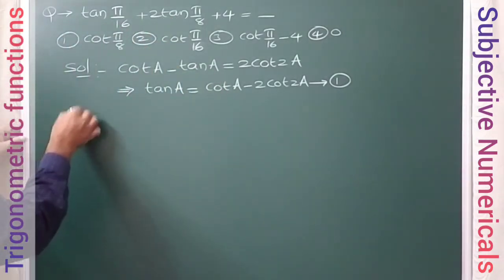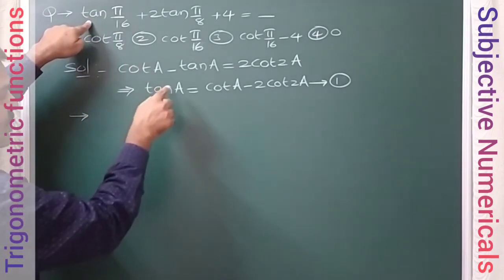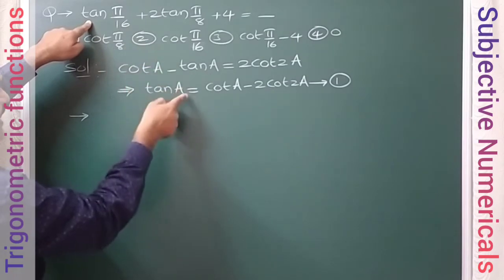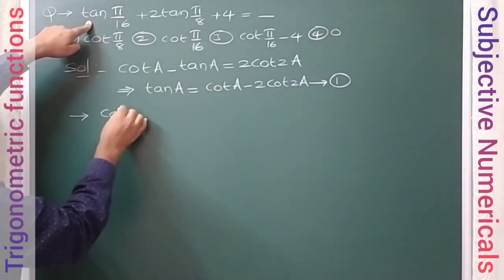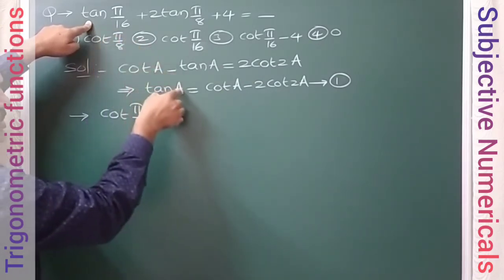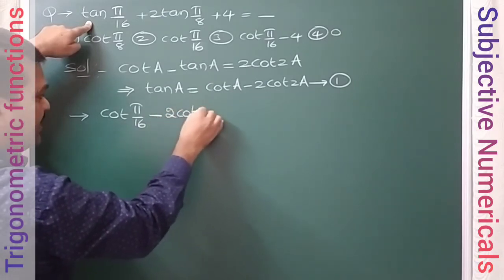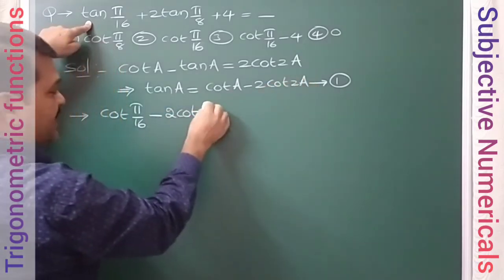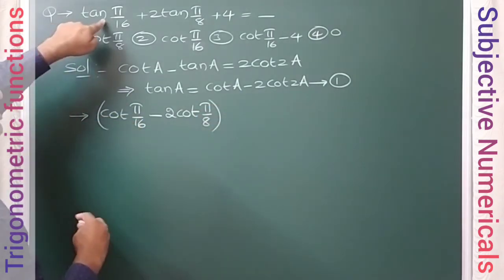Okay. So coming to the question now. Tan pi by 16, use this formula. Take A as pi by 16. So tan pi by 16, using this, what you will get? Cot pi by 16 minus 2 cot 2 into pi by 16, that means pi by 8. So this is over.